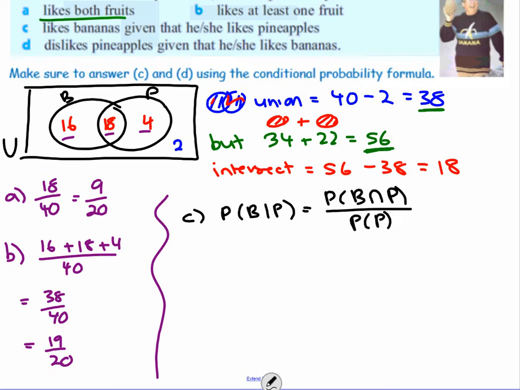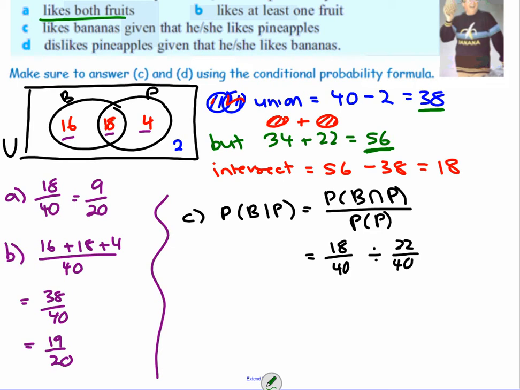And you just work them out. Probability of bananas intersect pineapples is 18 over 40. And instead of doing it as a fraction, I'll just write the divide sign. It's a bit easier to write on here. Probability of pineapples, there's 22 pineapples in total, so divide by 22 out of 40.